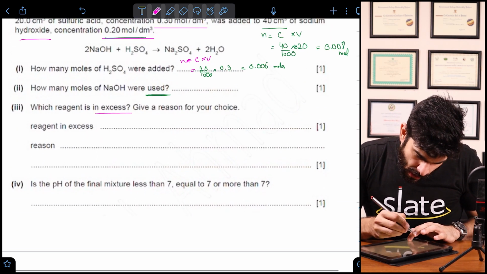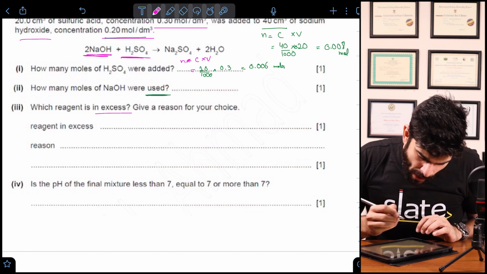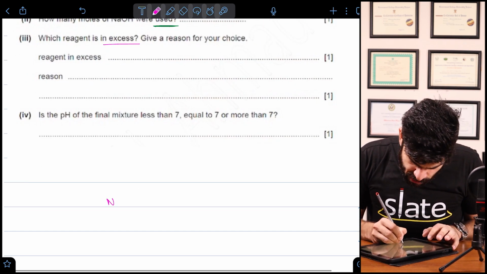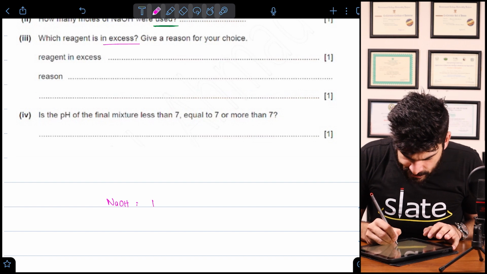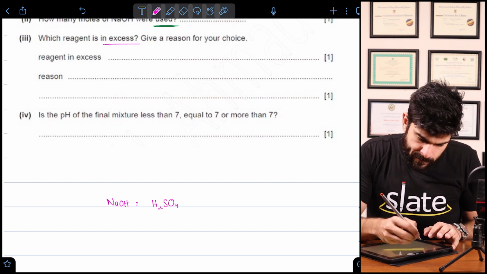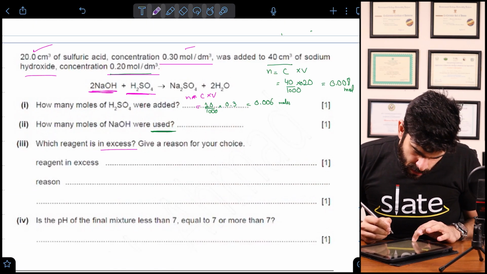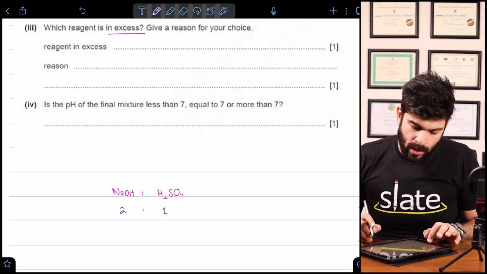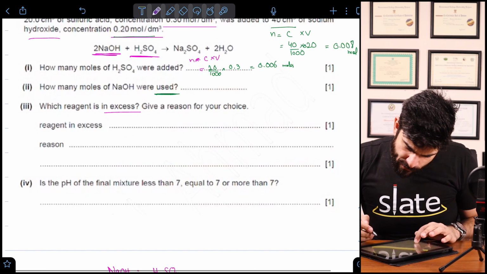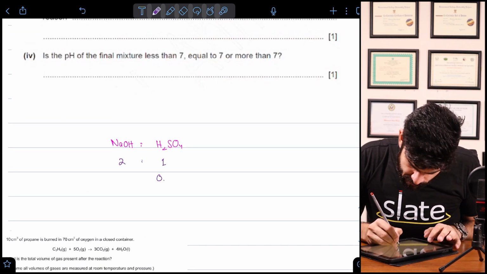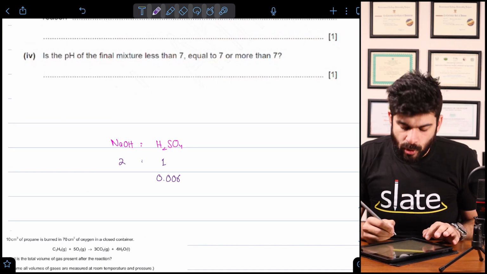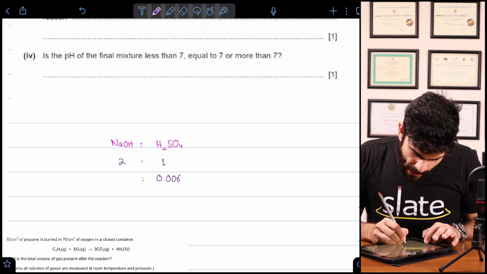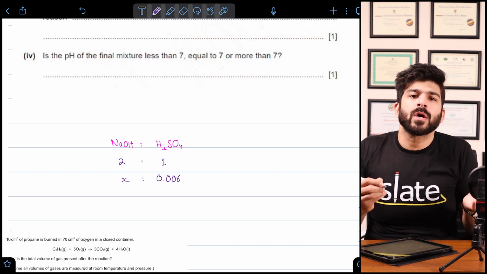So we have a 2:1 mole ratio between NaOH and H2SO4. NaOH has 2 moles, H2SO4 has just 1 mole. And the given moles are, we have 0.06 moles of H2SO4, and NaOH moles becomes a question mark here.